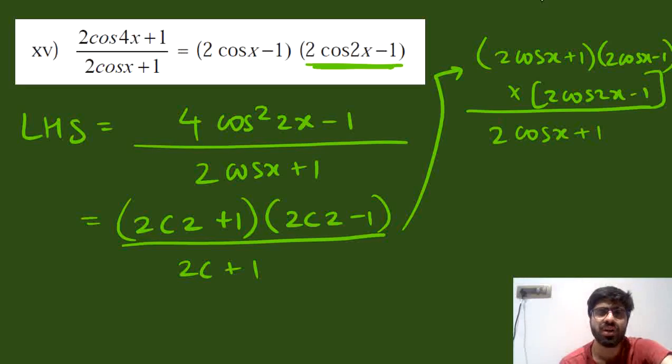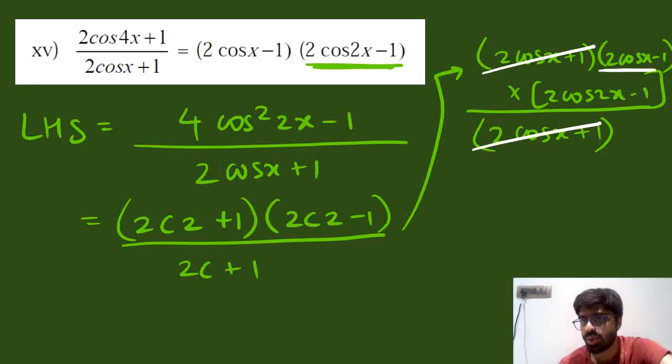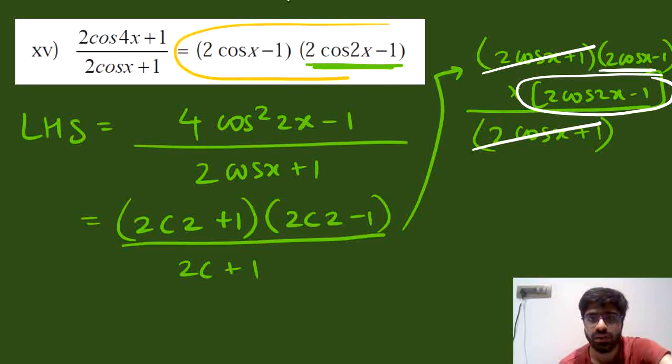It's basically the formula of a square minus b square is a plus b into a minus b. 2 cos x plus 1 gets cancelled up and down, and all you are left with is the numerator, that is 2 cos x minus 1 into 2 cos 2x minus 1, which is precisely what you have on the right hand side. And that's how we are proving our 15th question.